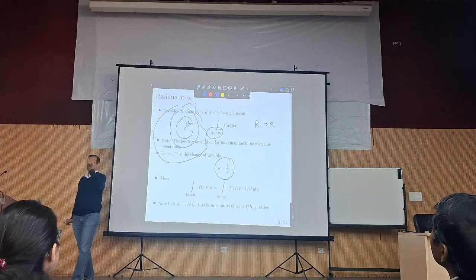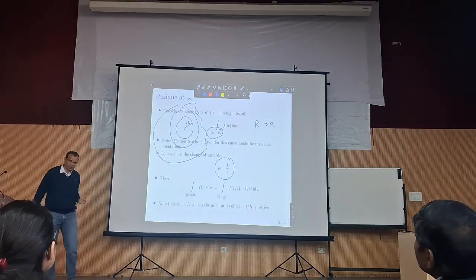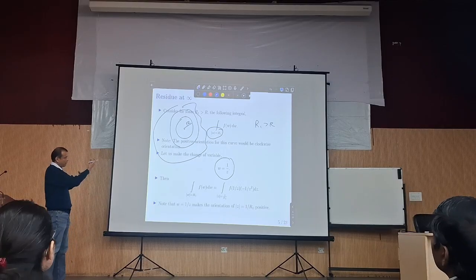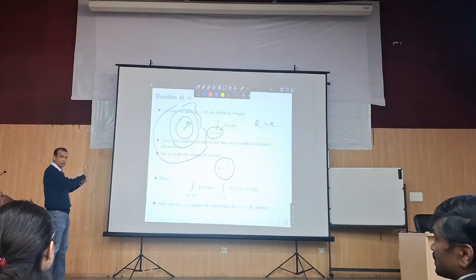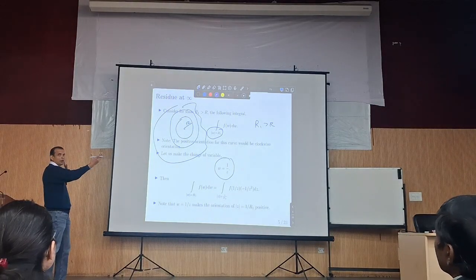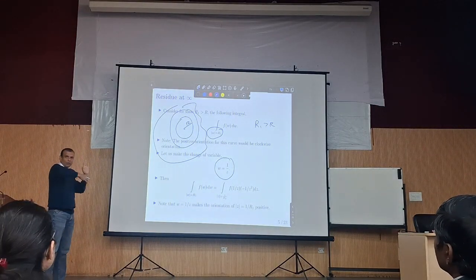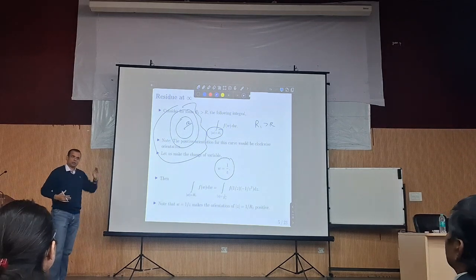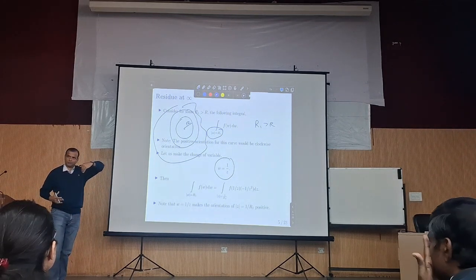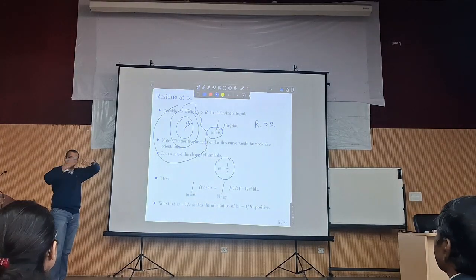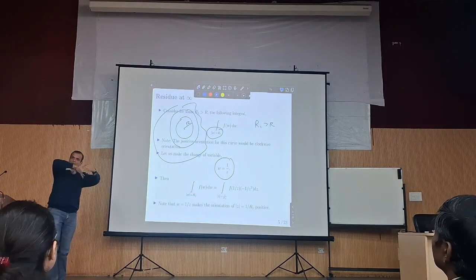When you consider w equal to 1 by z, whatever was on mod w equal to R1 now becomes mod z equal to 1 by R1. Not only that, the orientation was clockwise there, but now with z it becomes an anti-clockwise orientation.